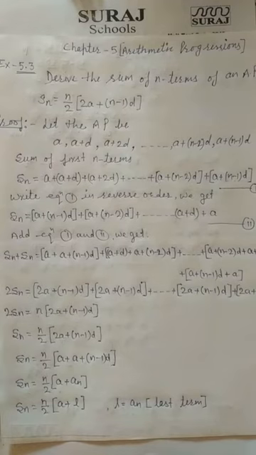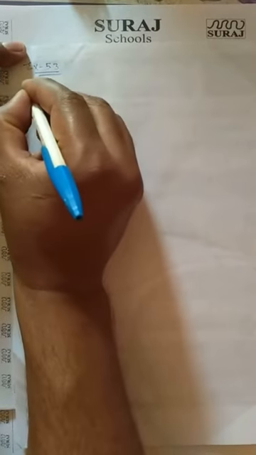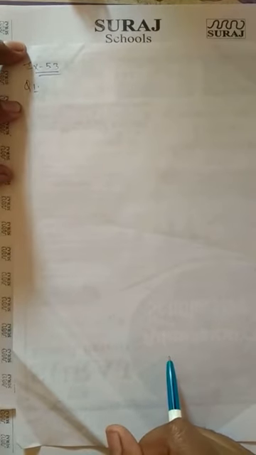Okay, students, let's start the exercise. Exercise 5.3, question number first. What is the question? Find the sum of the following APs. Students, we have APs and we have to find the sum.